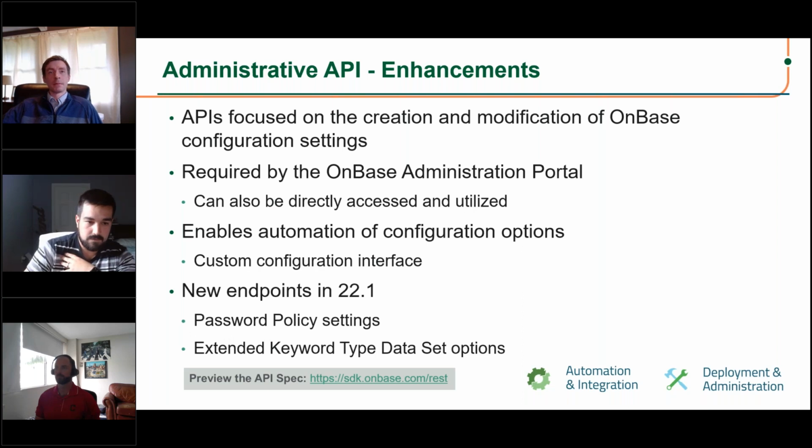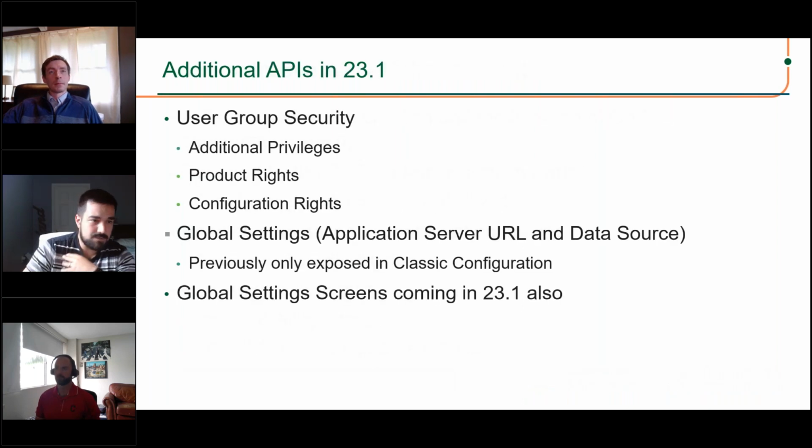So, again, just touching on some of the additional privileges in 23.1. With the OAP edition, we needed to expand our API offerings for user group security. And then a fun one that I didn't have a screenshot of that I'm highly confident will make it into 23.1, but again, that's all subject to our development cycle, our global settings.